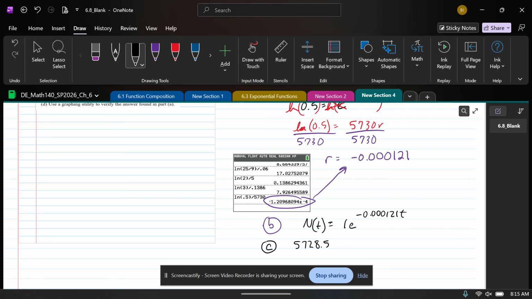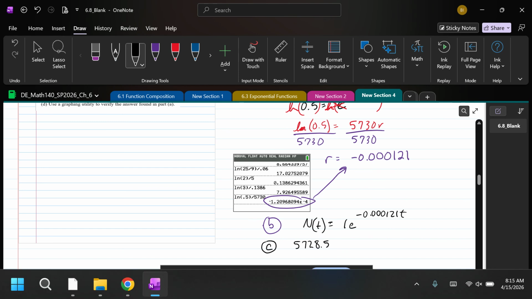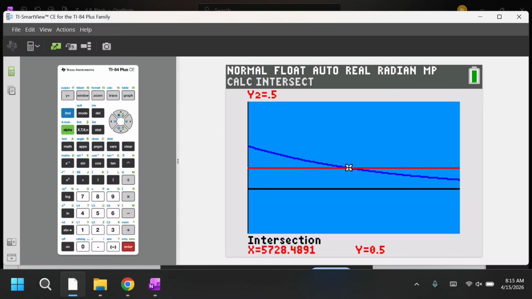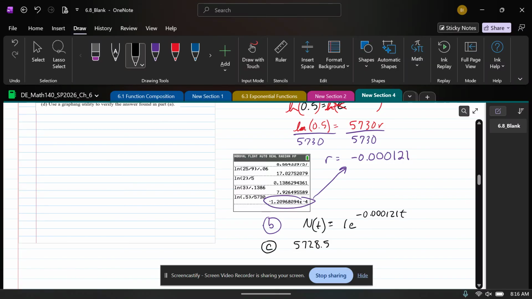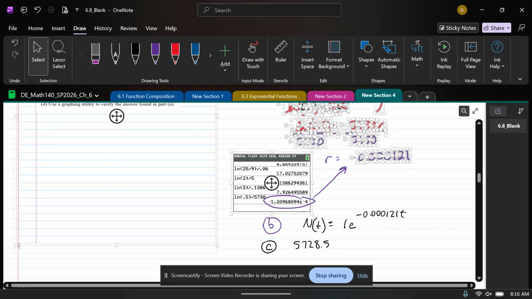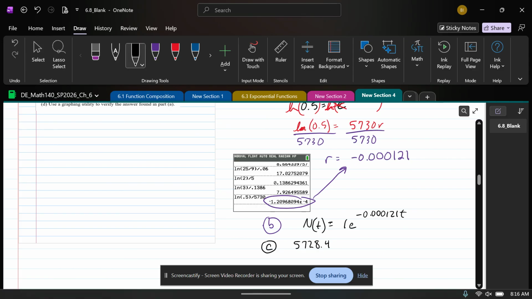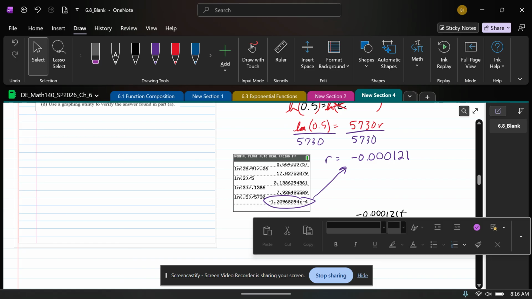Or we'll do 0.49, I think is what you round that to, if you round it to 2 decimal places, yeah. 0.49. That tells us, hey, we did pretty good on our decay rate because it got really close to what the half life would be.